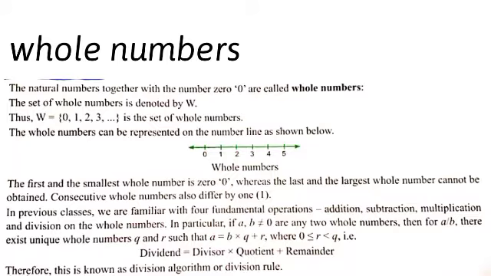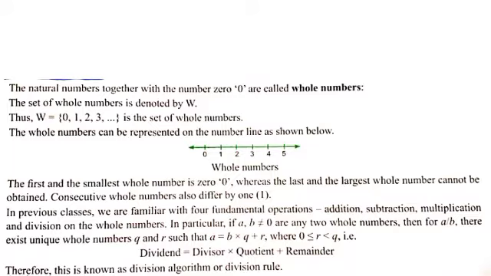In previous classes, we became familiar with the four fundamental operations, that is addition, subtraction, multiplication, and division, on whole numbers. In particular, if a and b, with b not equal to 0, are any two whole numbers, then when a is divided by b, there exist unique whole numbers q and r such that a is equal to b times q plus r, where 0 is less than or equal to r, and r is less than b.